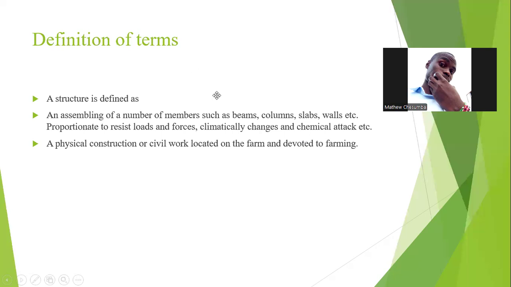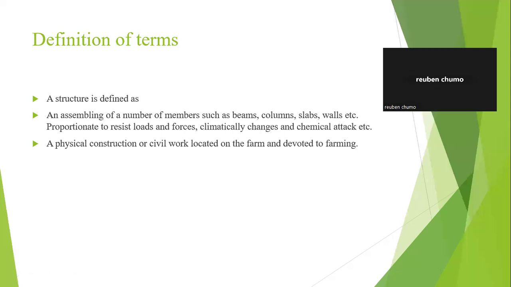So, definition of terms. We have to define the term structure. Who can define the term structure for us? Yes, Ruben. A structure is defined as an assembling of a number of members, such as beams, columns, slabs, walls, etc., proportionate to resist loads and forces, climatic changes, and chemical attack.